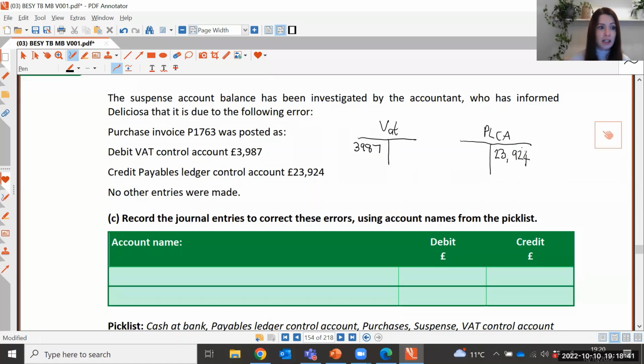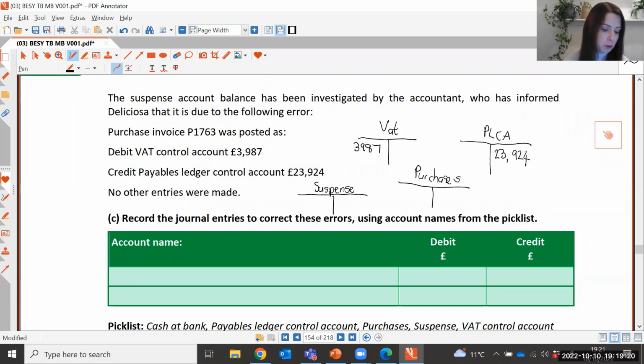We're missing an entry. So we're missing the purchases account, which should have been a debit entry, because purchases is an expense account, so therefore an increase in an expense would be entered onto the debit side of the account. So therefore, the initial posting, because they've missed out on the purchases account, they will have had to open a suspense account to make the accounts balance.